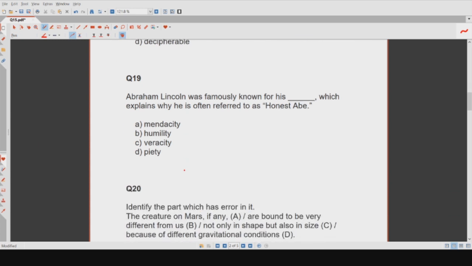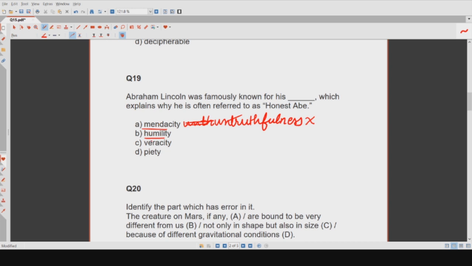Next question. Abraham Lincoln was famously known for his dash, which explains why he is often referred to as honest Abe. Here, mendacity means untruthfulness. Abraham Lincoln was famously known for his untruthfulness is a completely wrong option.